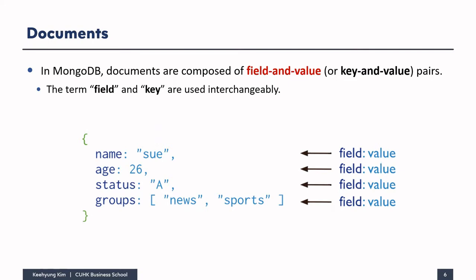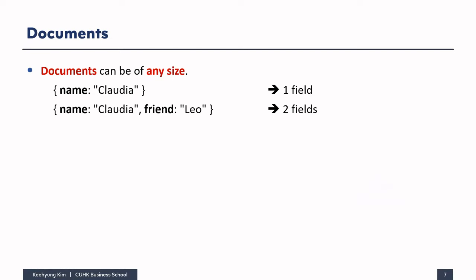Let me give you more information here. When you create fields inside the document, there are certain rules you have to follow. First of all, the document can be of any size. If you remember what we talked about last week, MongoDB supports flexible data modeling, so it's different from a relational database.